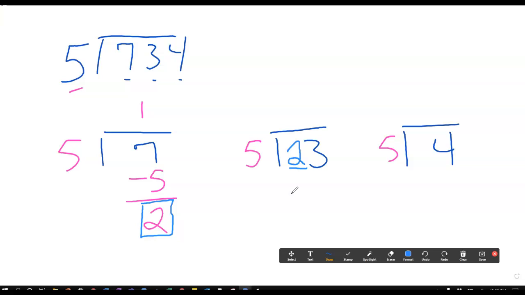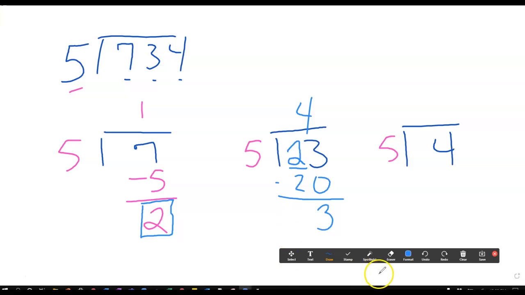I want to make groups of 5. Well, 5, 10, 15, 20, 25 is too many. I can only go to 23. So it looks like I can make 4 groups of 5. Well, I had 23. I used up 4 groups of 5. I used up 20. How many do I have left over? I have 3 left over.